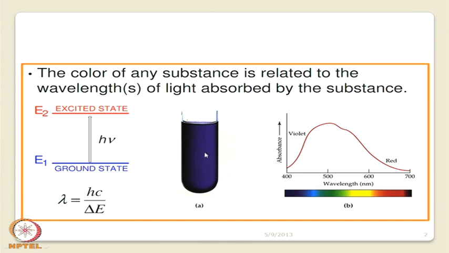So, when this part is absorbed, the color we will be getting as the corresponding solution color is the corresponding emitted color, because in the ground state we have some electronic transition to the excited state when the radiation h nu is absorbed.